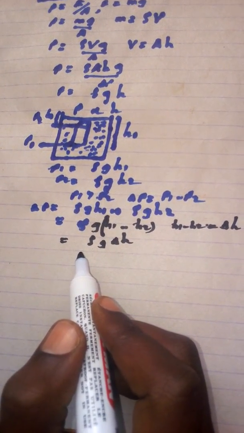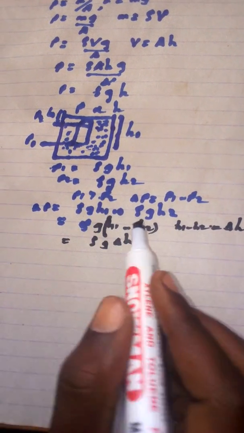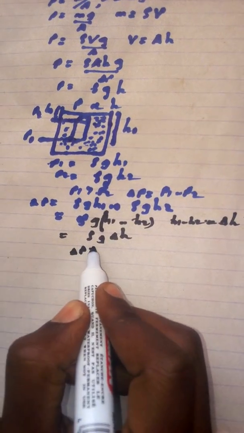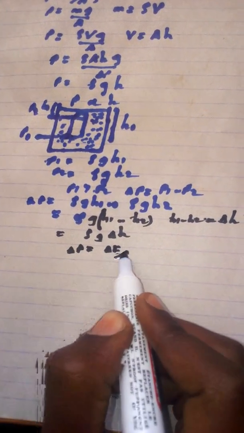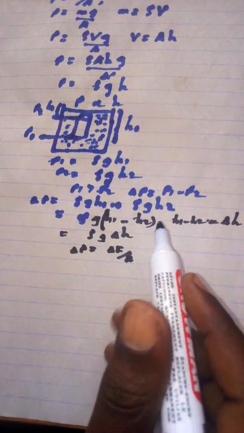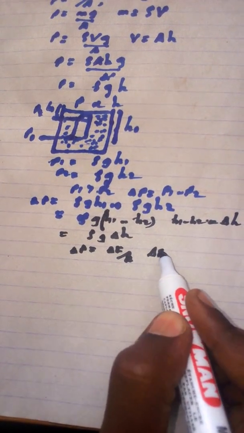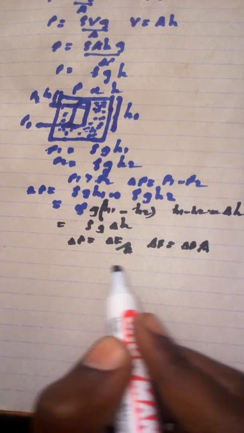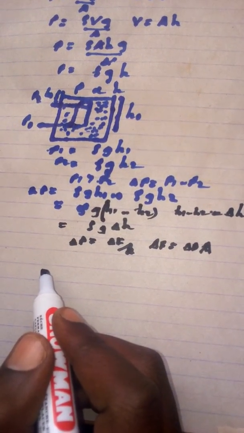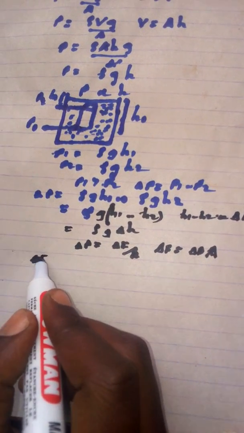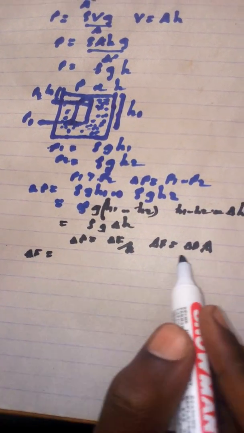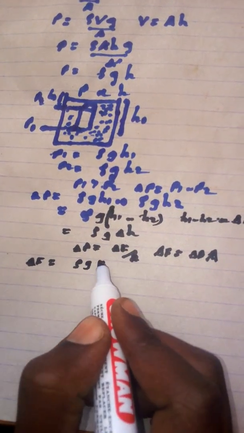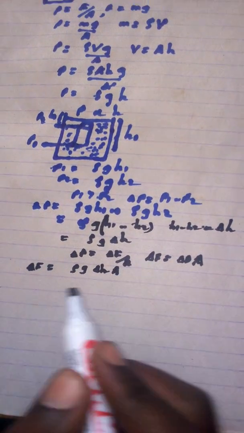Okay? All right. So we also understand that change in pressure is given by change in force divided by area. Now the change in force will be equal to change in pressure times the cross-section area. So the change in force will be equal to rho times G times the change in height times the cross-section area.